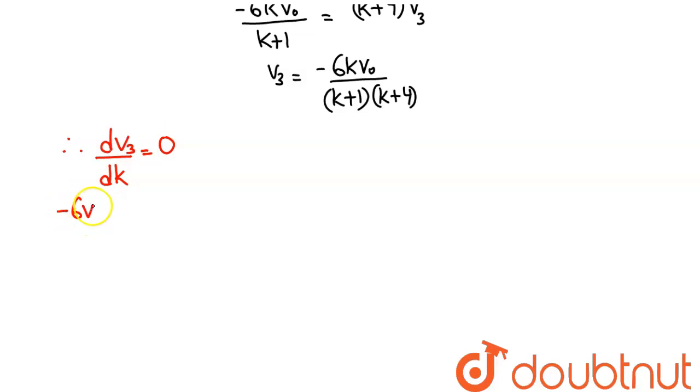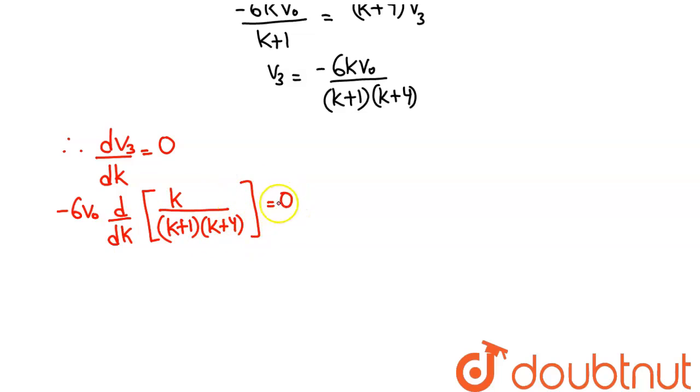Now minus 6 v0 is constant, so taking it outside, this comes as d/dk of k upon k plus 1 into k plus 4 will be equal to 0.